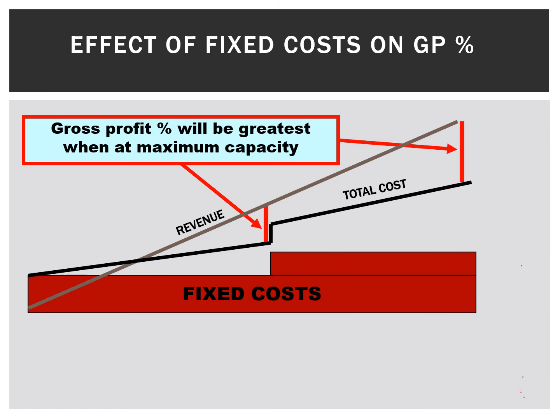Then those fixed costs spread over the units that we're selling will be a minimum, and so our gross profit margin will be greatest at that point in time.